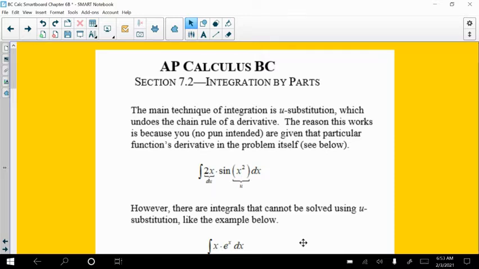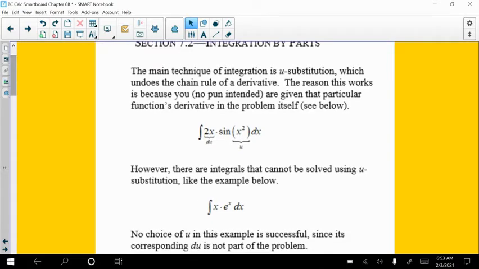And integration by parts, it's sort of like you've got a function, but someone else's derivative. If I look at one of the examples here, e to the x times x, right? I can let either one of these be a function as a u, but the derivative isn't there. It's somewhat like maybe they represent someone else's derivative.